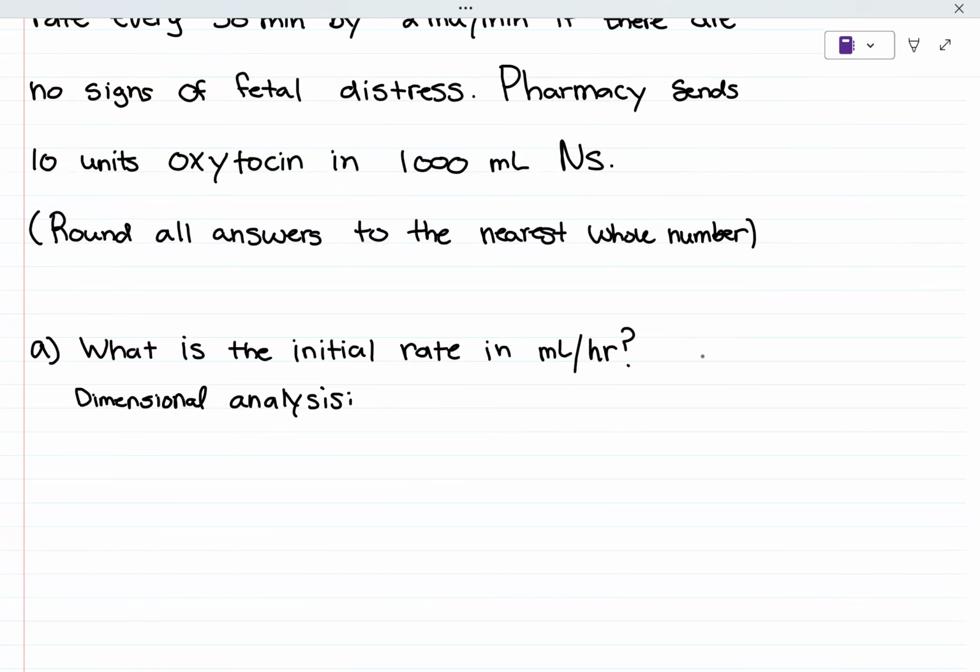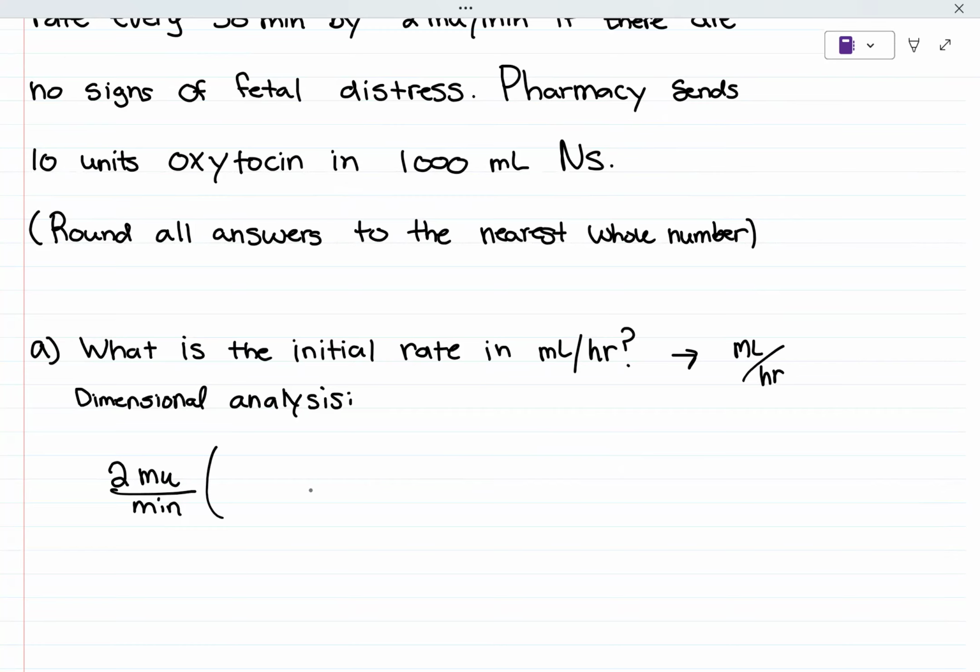Our goal is to make sure our final unit is milliliters per hour. That's how you know your answer is correct; if it's not, you did something wrong and have to tweak it. So we're just going to start with our given 2 MU per minute.